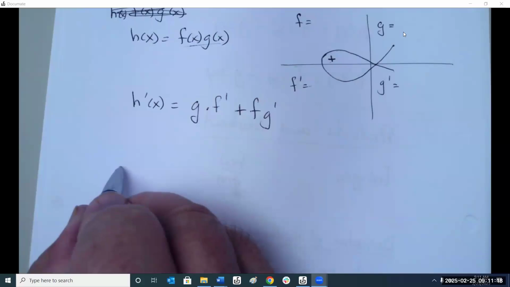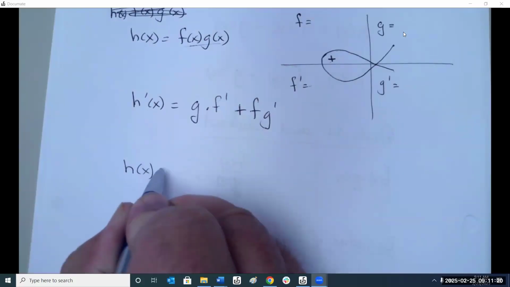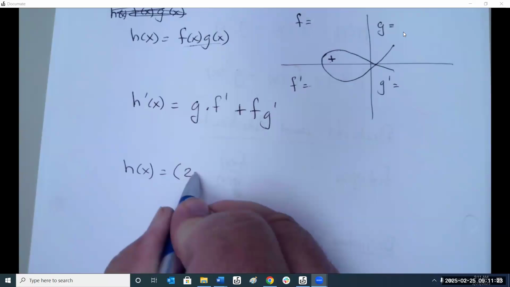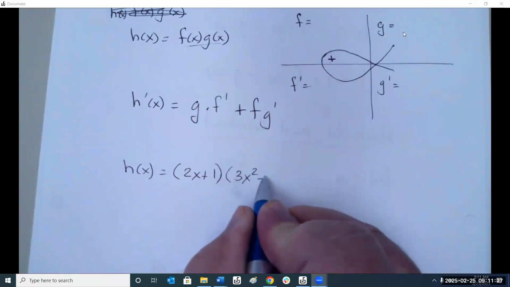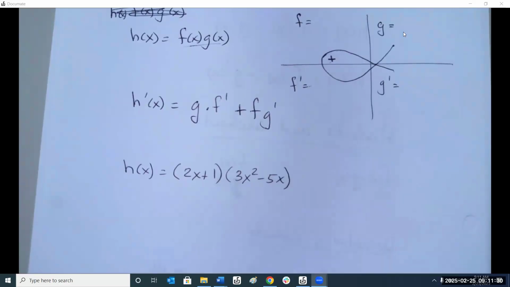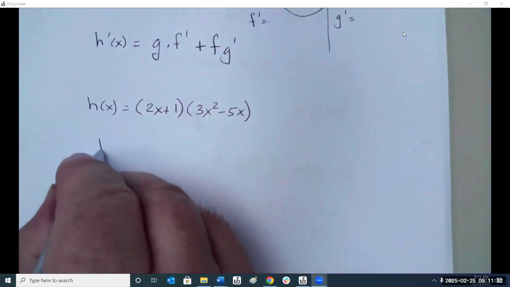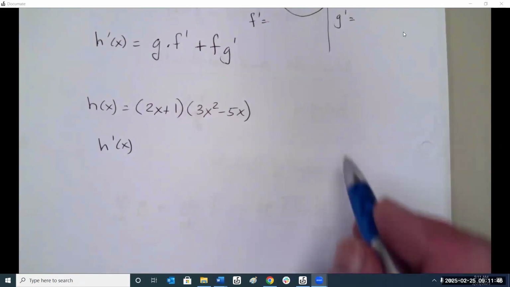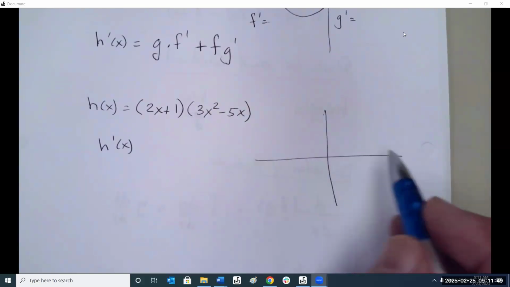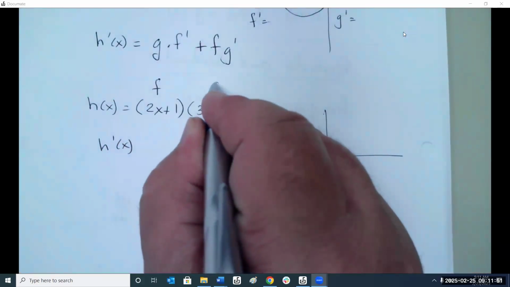Now, let's make one up. Find the derivative of this function. Remember, the first one is f, the second one is g.